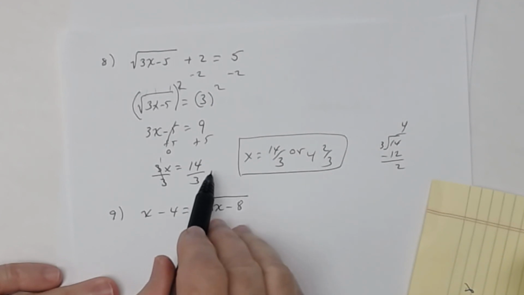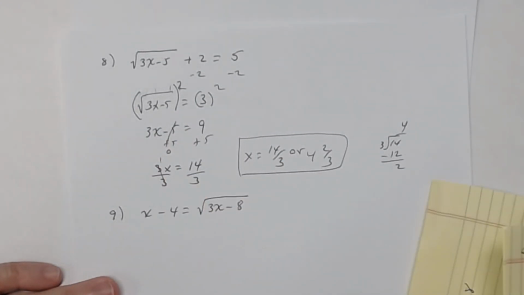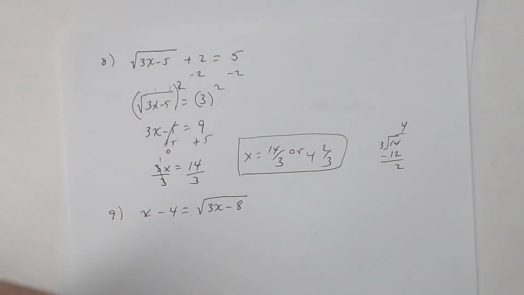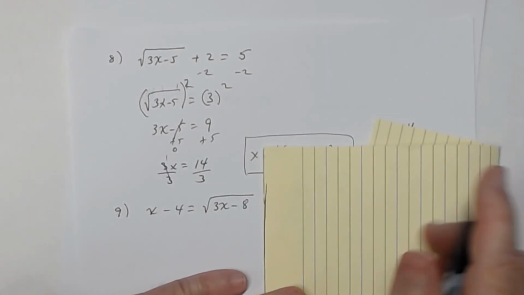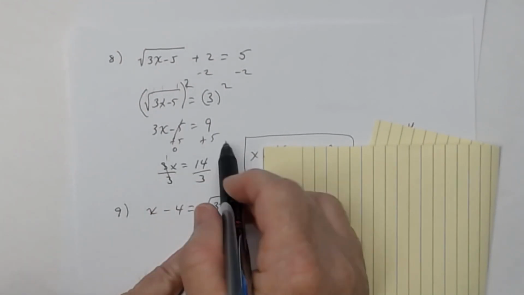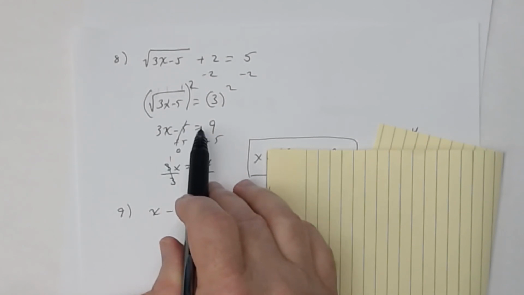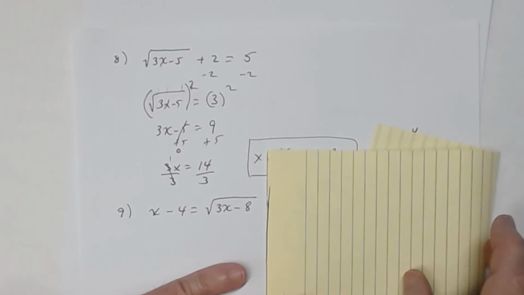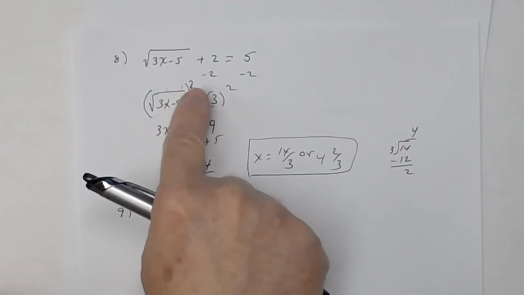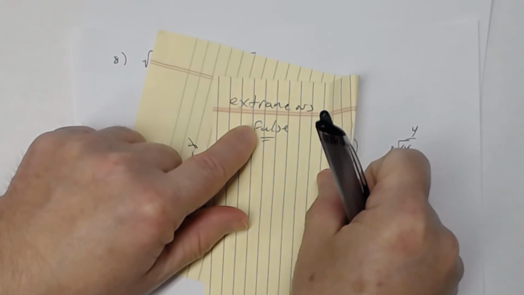So notice that 14 thirds is a solution to this linear equation here, but the question is, is it a solution to the square root equation? Because whenever you raise both sides to an even power, you could introduce what's called extraneous solutions.